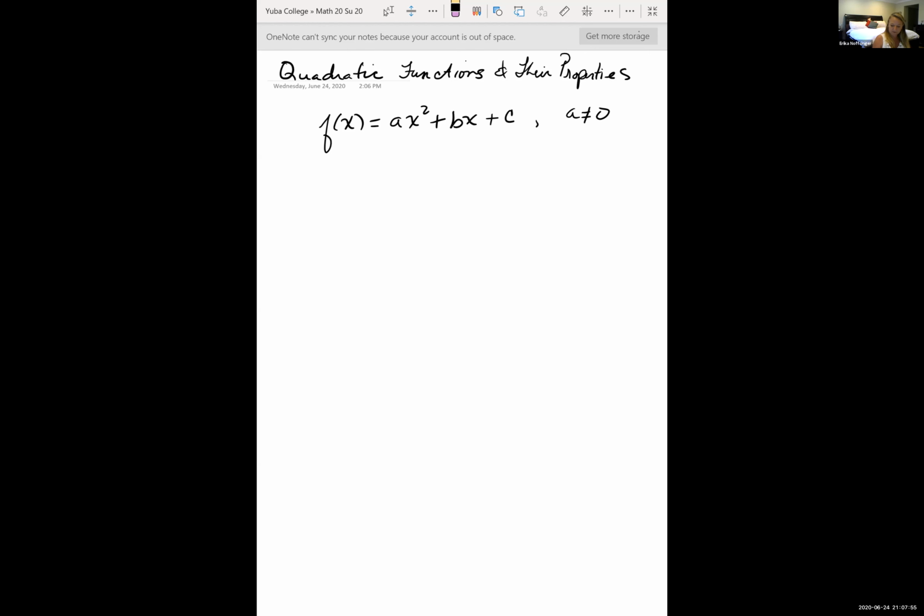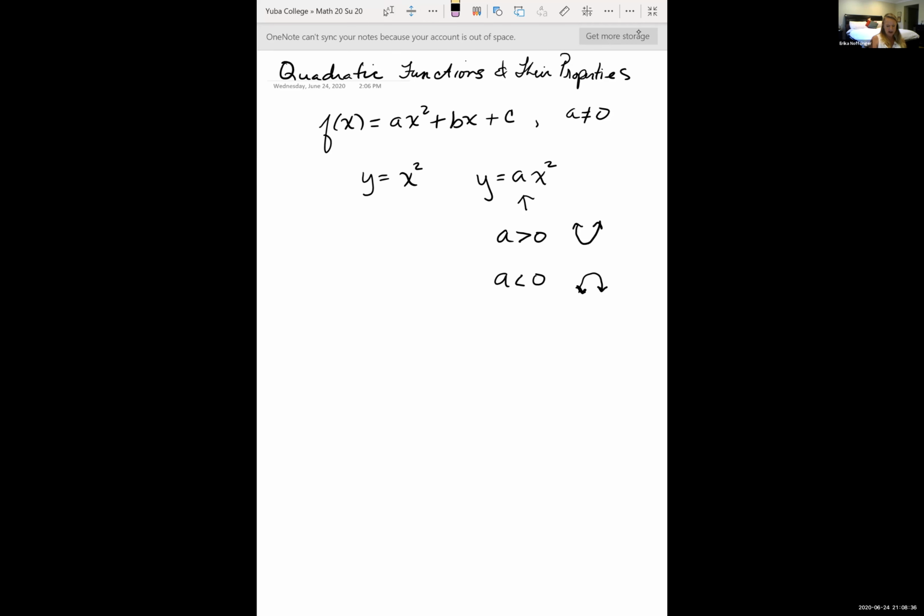We saw with transformations of graphs that we had y equals x squared, and then y equals ax squared. If a is bigger than 0, this does not do any reflection on our graph. Our parabola is going to face upwards. If we multiply by a negative number in front, that was a reflection across the x-axis.